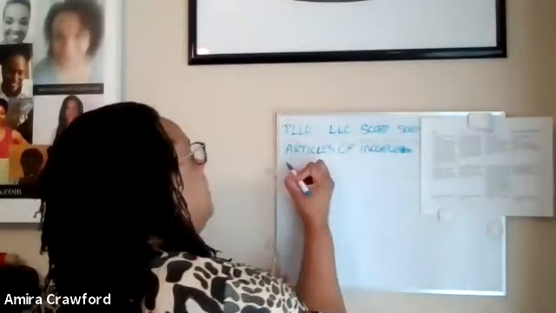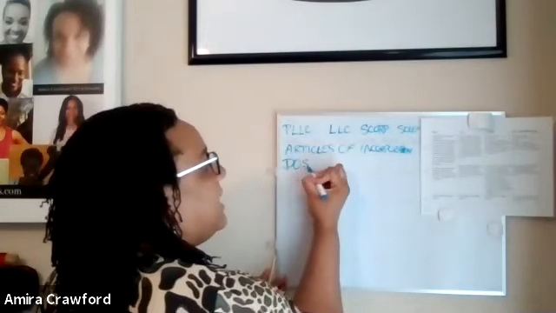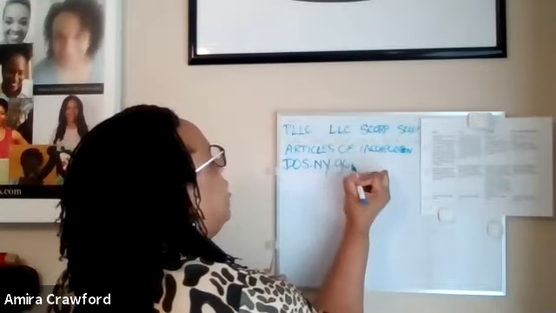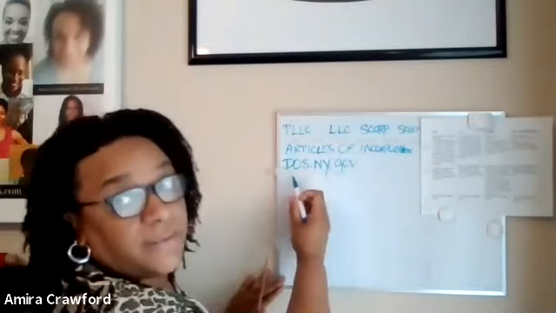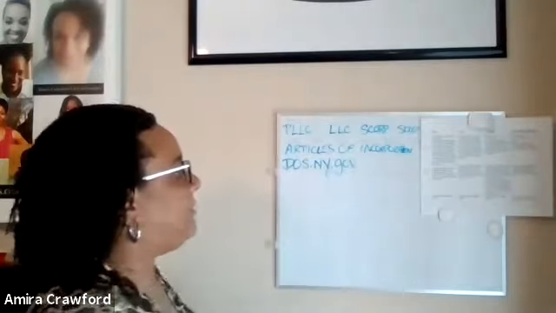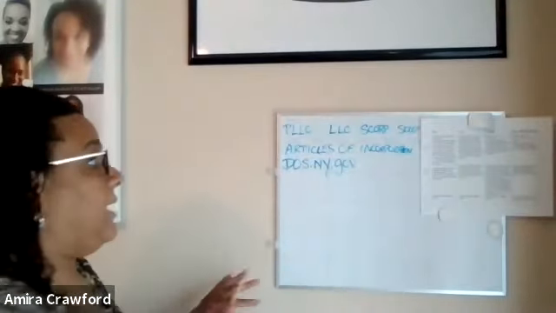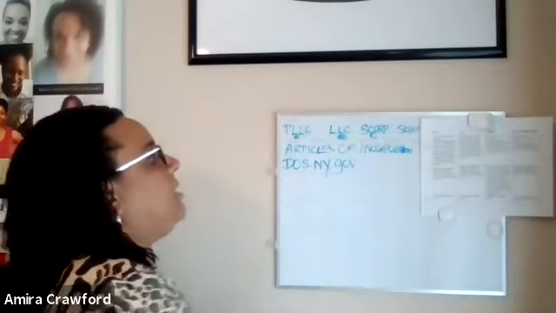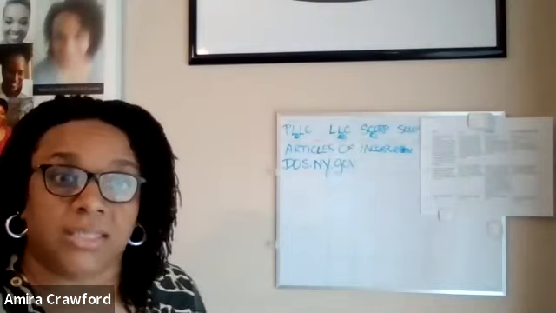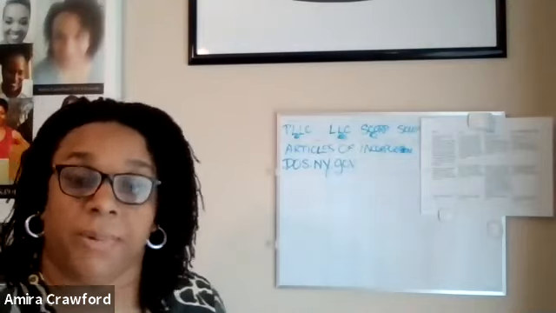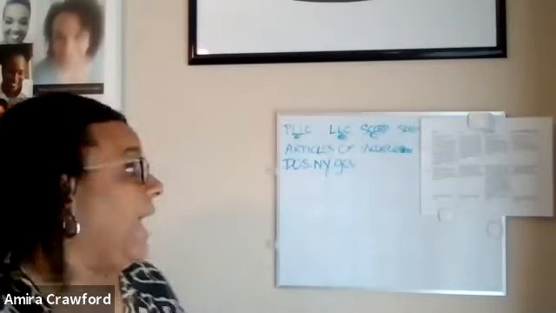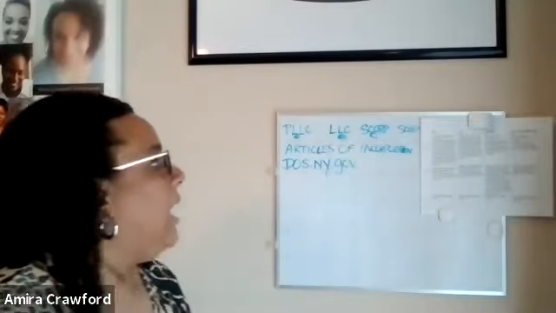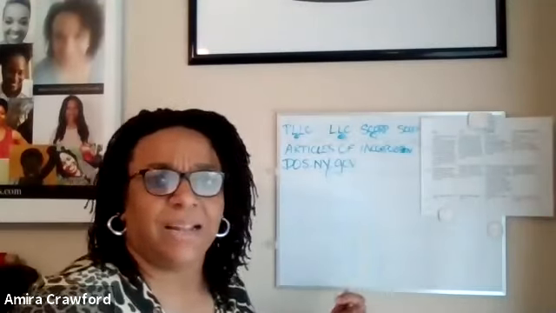You find it on dos.ny.gov, which stands for Department of State, New York. So for forming a PLLC, an LLC, or an S corporation, you have to file Articles of Incorporation with the Department of State in New York at dos.ny.gov.